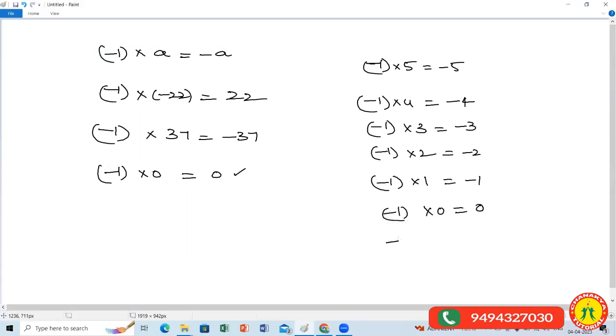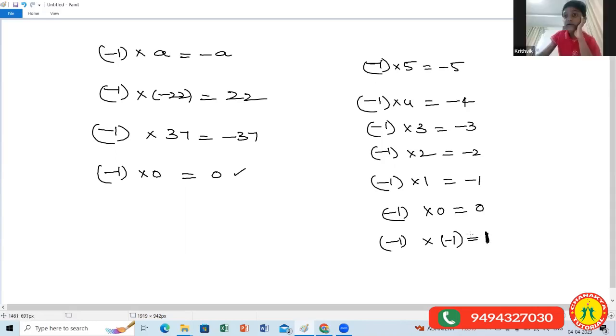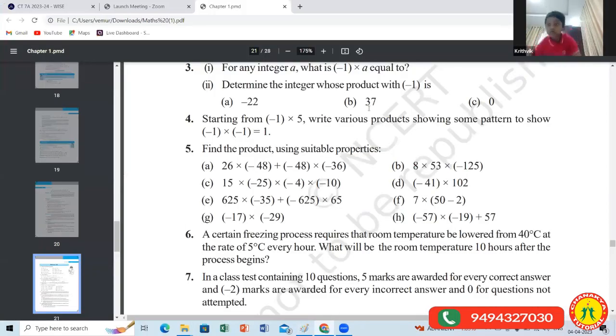So what is the next number you may get here? You can see 5, 4, 3, 2, 1, 0. Next, minus 1. Very good. So now you see the pattern. That's why they are asking to write this pattern, to show how minus of minus is plus 1.